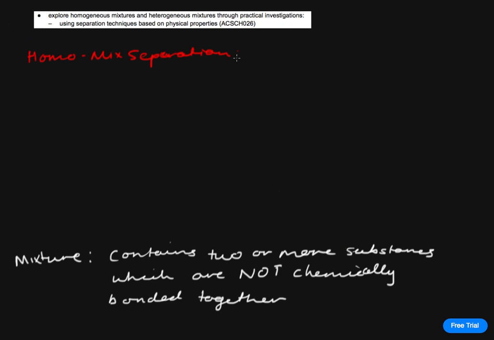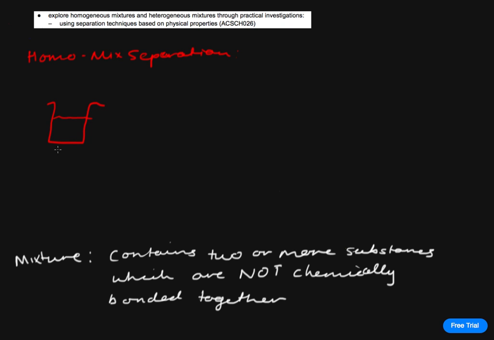Let's say, for example, we've got two types of liquids in a beaker that we can't distinguish between. An example of a physical property is boiling point or melting point. So let's say we want to separate them based on the physical property of boiling point.